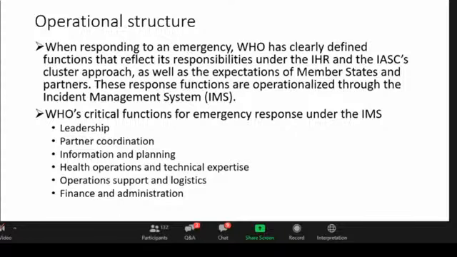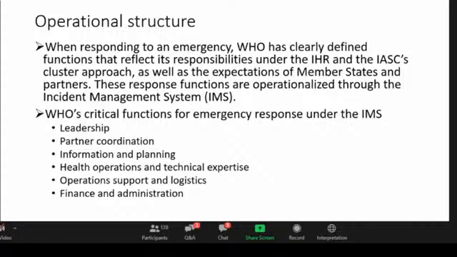And it defines, very briefly, that the response functions are operationalized through the incident management system. In a previous webinar, we talked about the incident management system, which is modular, adaptable, flexible.